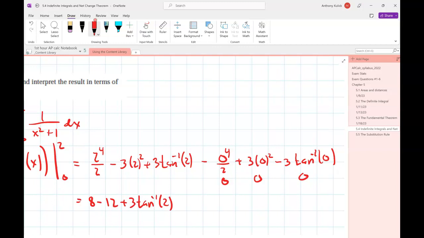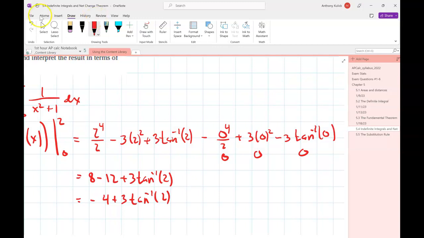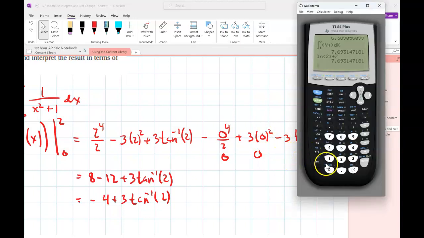Now that's not a unit circle value. So I just have negative 4 plus 3 tan inverse of 2. So I could leave it like that as an exact answer. Or if the back of the book had a decimal, negative 4 plus 3 times tan inverse of 2. Before I type this in, though, what should I check? Yeah, I should be in radian mode. I am. Okay, that's good.